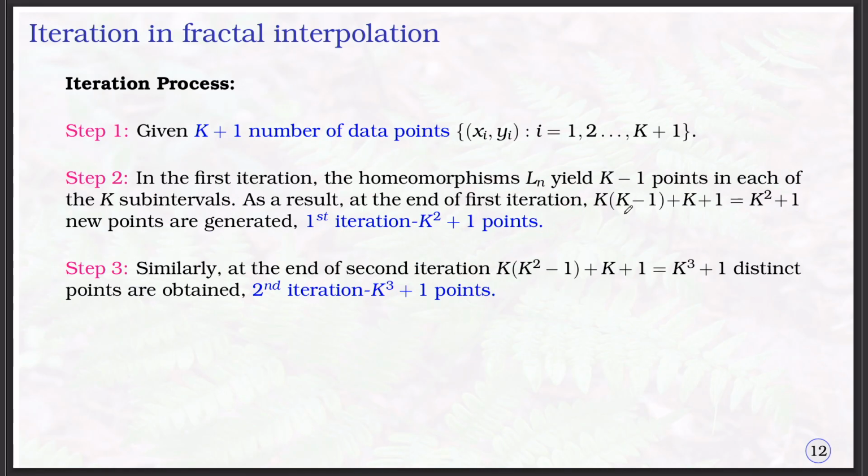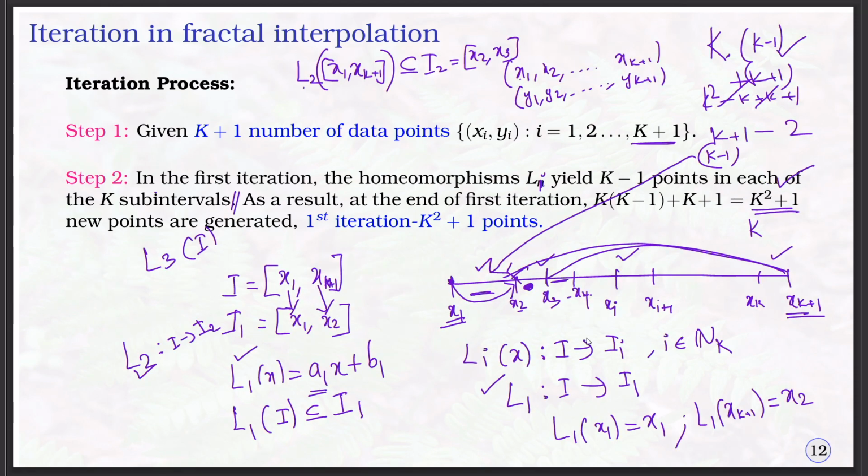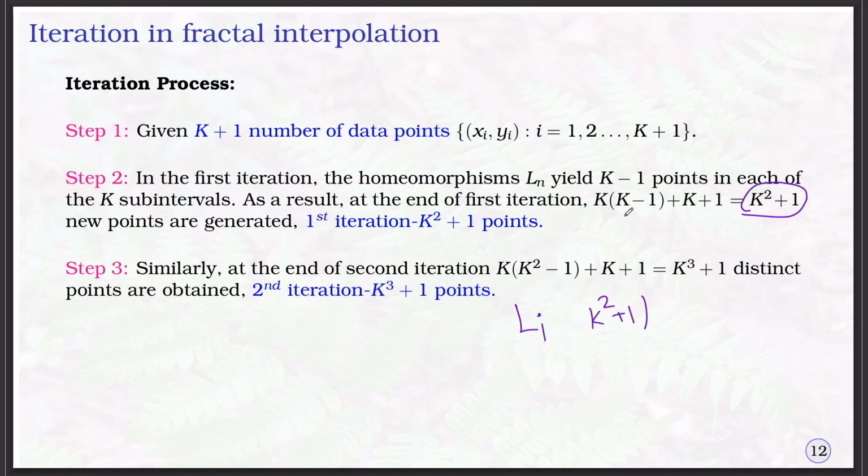Now in the second iteration, we have these k square plus 1 data points, and we are going to apply the map Li on them.